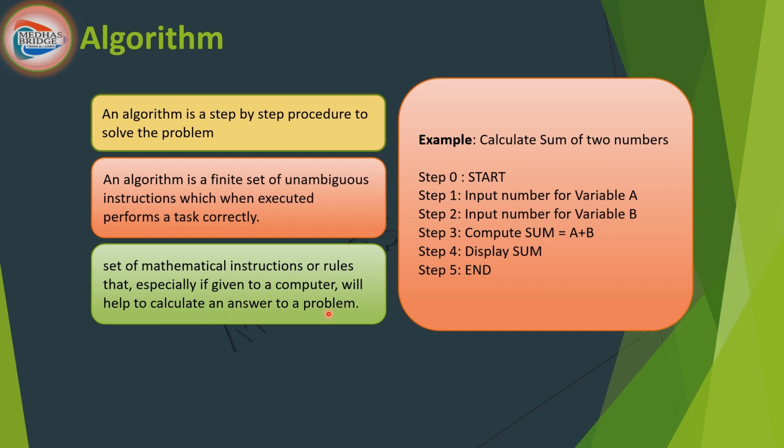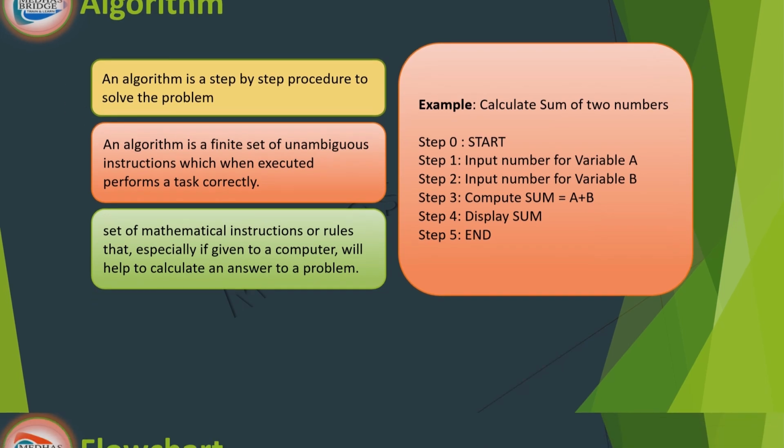You agree? Let me reiterate a more precise definition. An algorithm is a finite set of unambiguous instructions which when executed performs a task correctly. How nice it is.